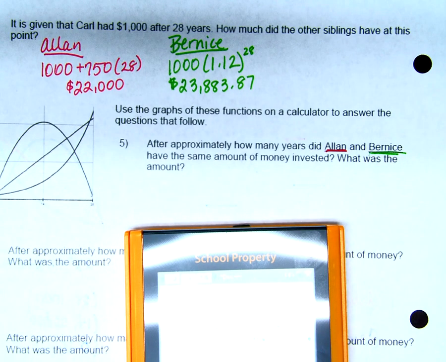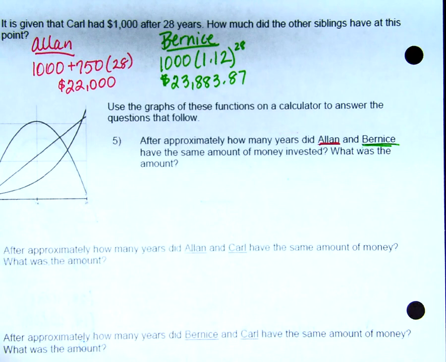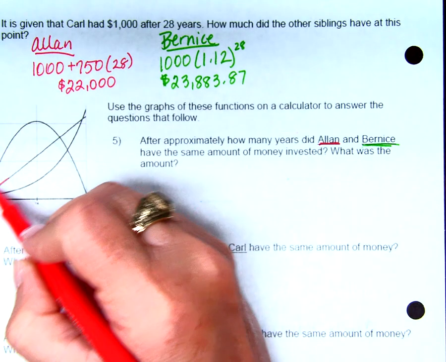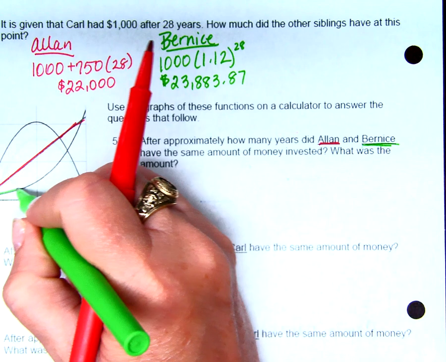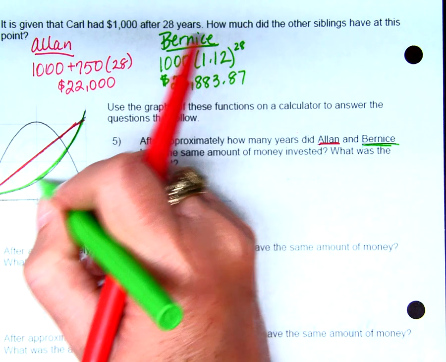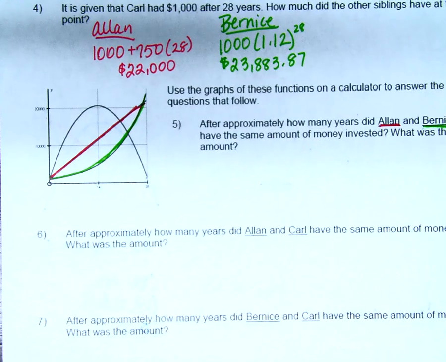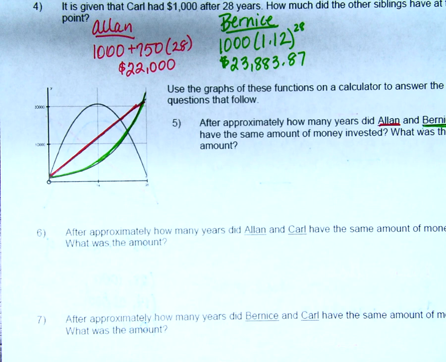How am I going to figure that out by looking at the graph? Which one of these was Alan's again? The line, right? And which one's Bernice's? Exponential. So what am I looking for from those two lines? Where they cross, right?